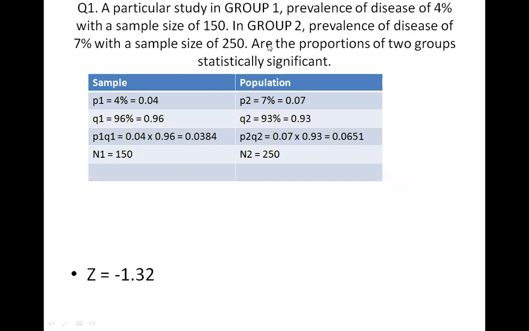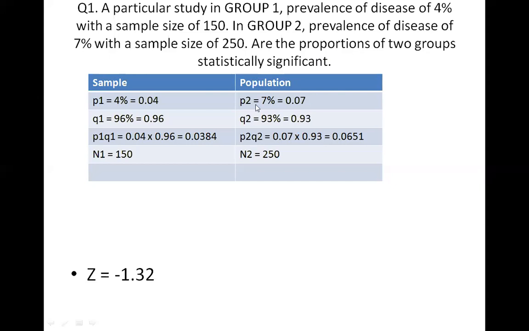We take one example. In a particular study, in group 1, the prevalence of disease was 4% and the sample size was 150. In group 2, the prevalence was 7% with a sample size of 250. The question is, are the proportions of the two groups statistically significantly different from each other?